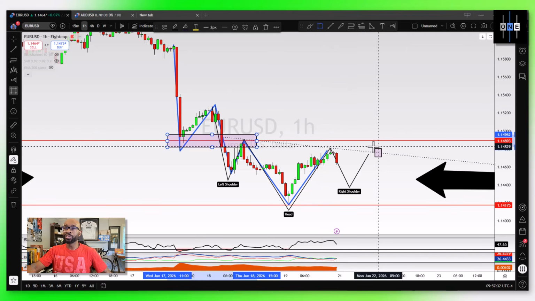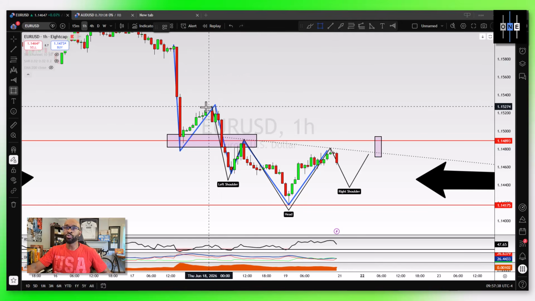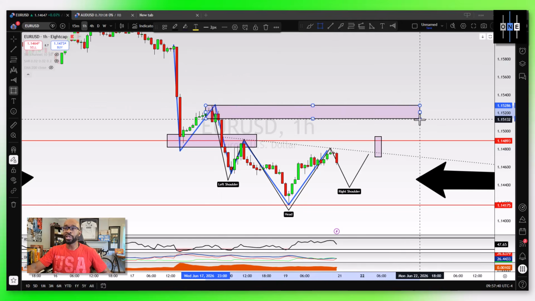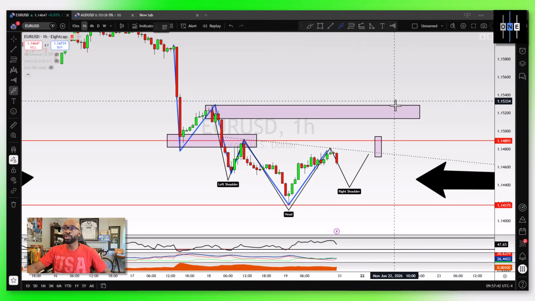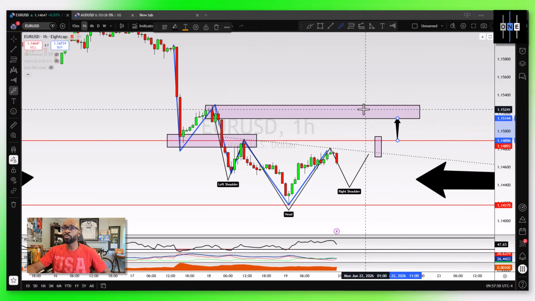A violation of that would confirm the pattern. If we confirm it here, my expectation is that we will travel to retest our previous structure highs right there. So it's kind of a short and sweet in and out type deal, looking at a potential move from 114.89 up to about 115.14. So not too much room.